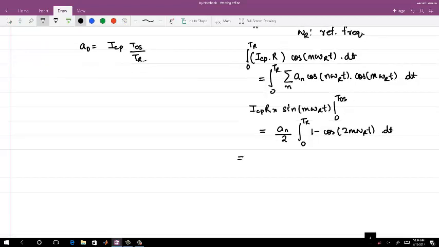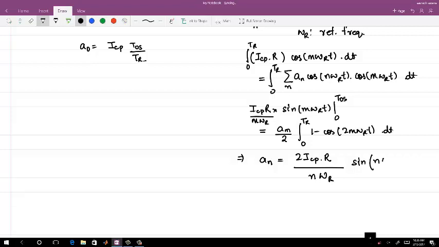So an, or am, that's fine, equals 2 ICP R, with m omega r by n omega r. Sine 0 is 0, so we get sine of n omega r t offset.